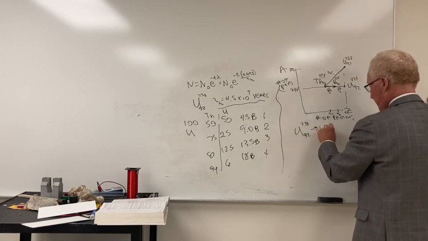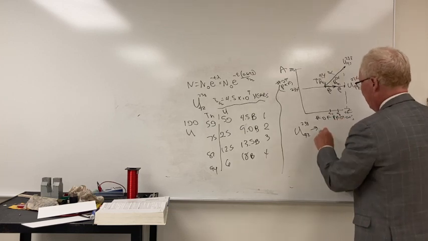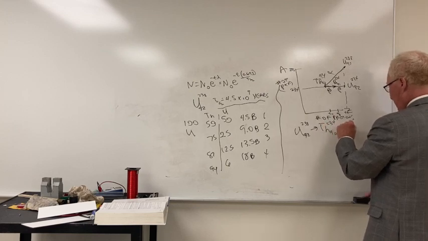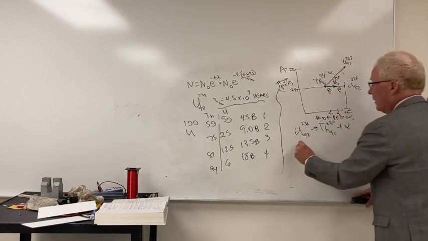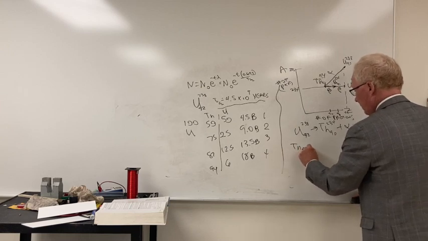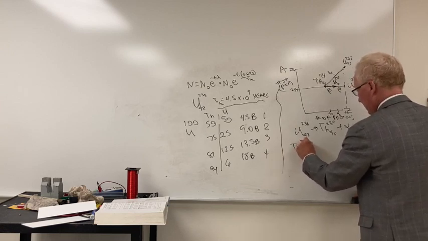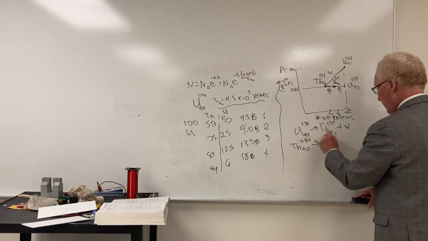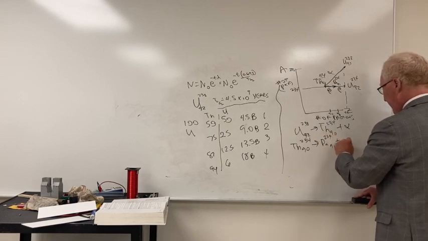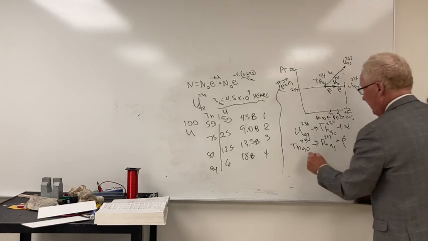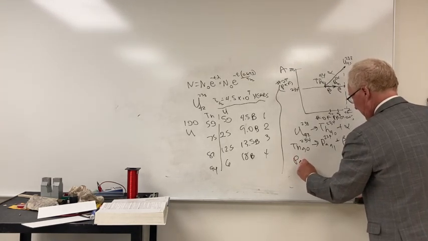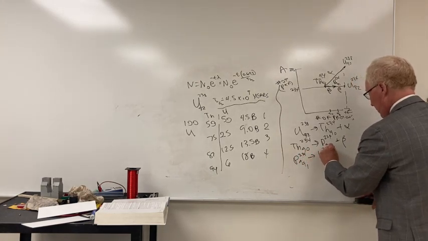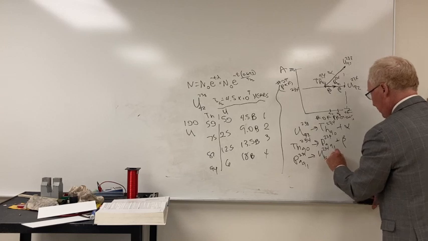So uranium-238 breaks down to thorium-234, 90, plus an alpha particle, a helium nucleus. Thorium-234 breaks down to Pa-91, 234 plus a beta particle, which is an electron, and then that Pa-91, 234 goes to uranium-234, 92 plus another beta particle.